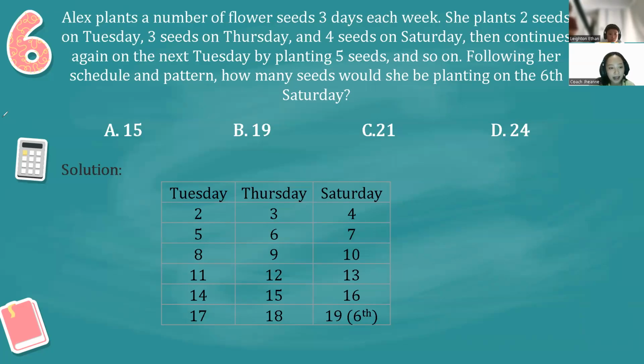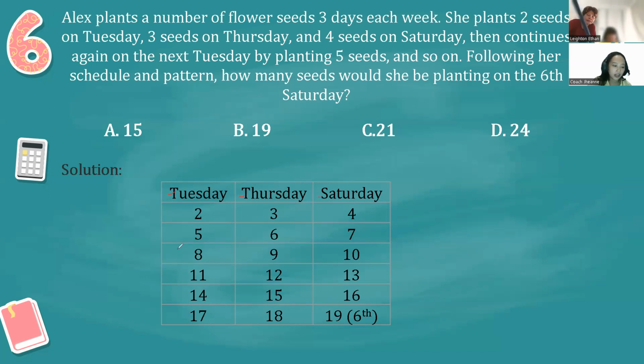Following her schedule and pattern, how many seeds would she be planting on the 6th Saturday? So the best way of approaching this problem is by listing. Okay, we have a list here, a table actually. So her schedule is that she plants every week on these days, Tuesday, Thursday, and Saturday.